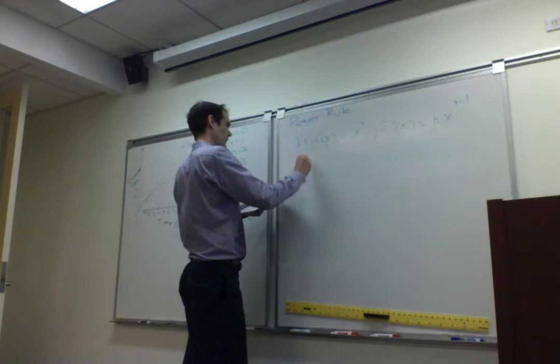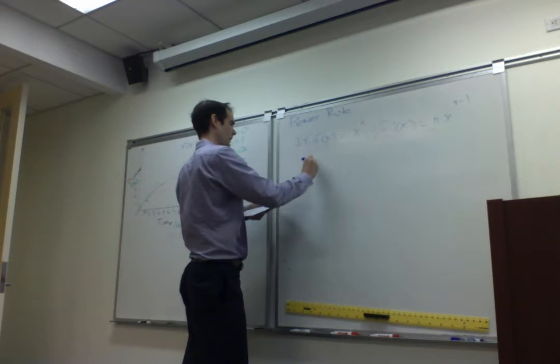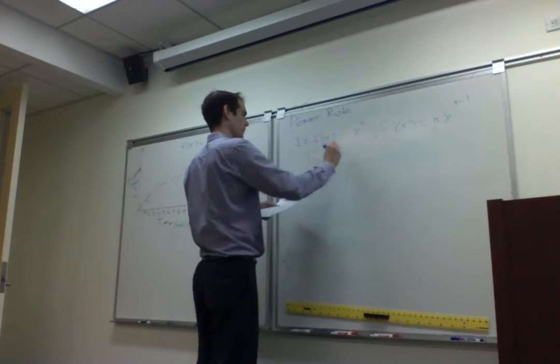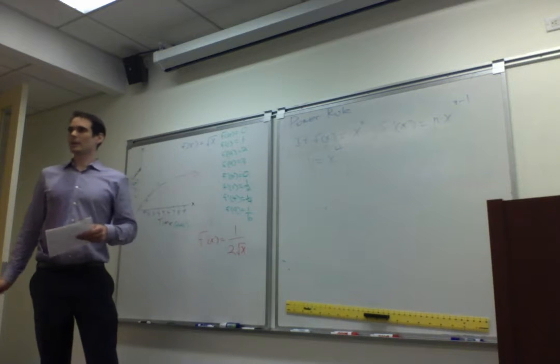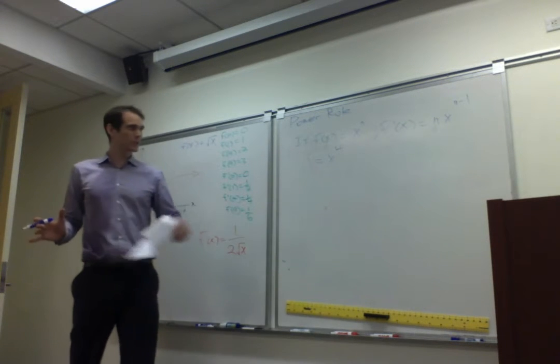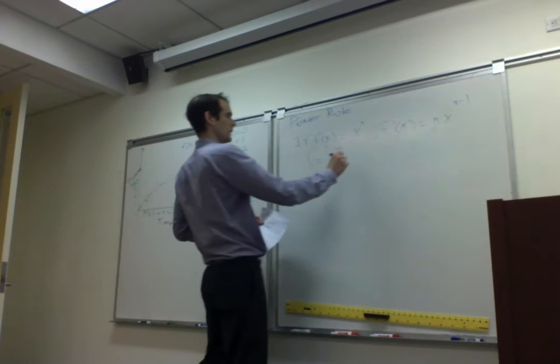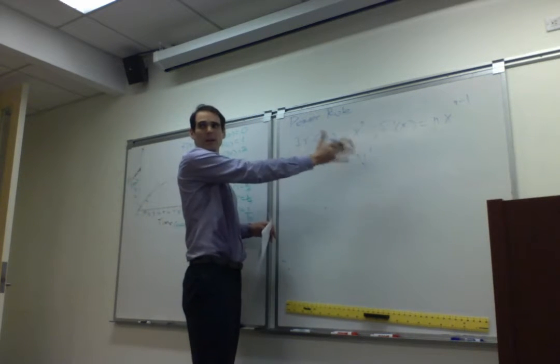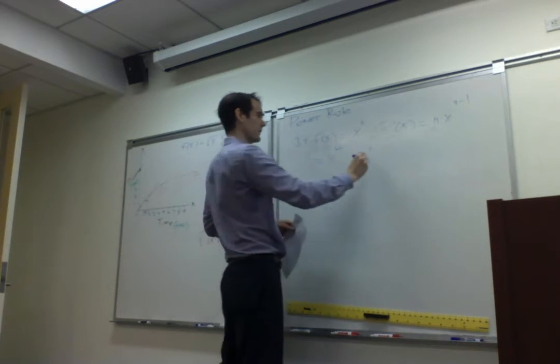So if I were to give you y equals x to the 4th, instead of doing the h plus h minus, you're going to use the power rule, and you're going to tell me y prime. I'm using y prime, f of x prime, it's all the same stuff.